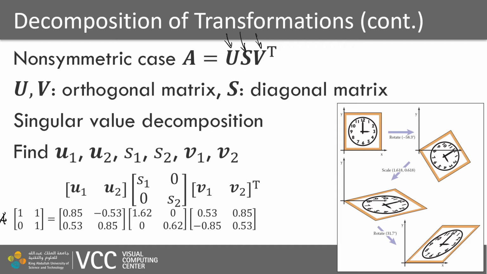And here we have the matrix 1, 1, 0, 1. If we just eyeball this matrix, we can see that there is a 1 and 1, which is an identity. And here we have, what is this? This is a shearing factor by 45 degrees, right? So this matrix is a shearing matrix.